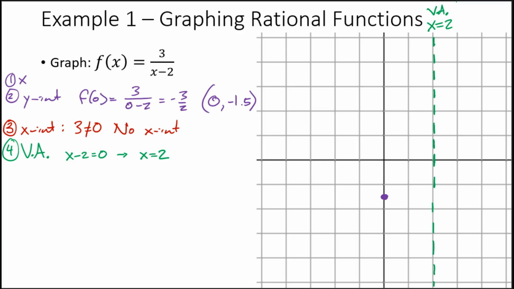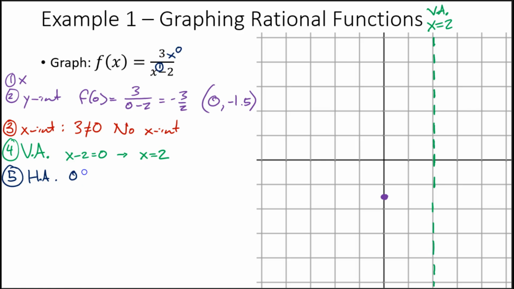All right, step 5. Horizontal asymptote. That's where we use our chart. Let's look at the powers. What's my power of the variable in the numerator? It's not a trick question, by the way. If I put it, what would my power be? 0. If I don't see a variable, your power is 0. What's the power in the denominator?